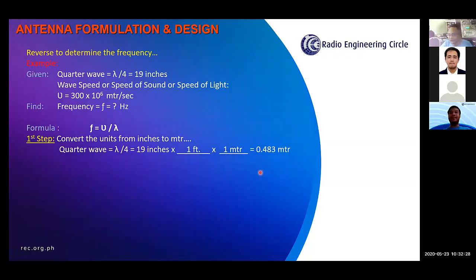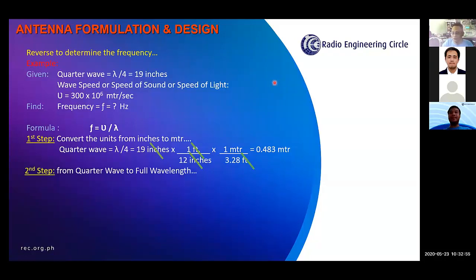Quarter wave, 19 inches, 1 feet times 1 meter. Conversion niya, screenshot. Correct me if I'm wrong. So that is 0.483 meters. Cancel feet, matitira meter.